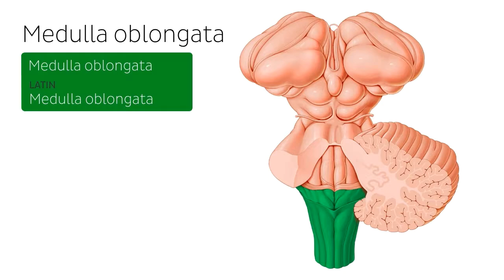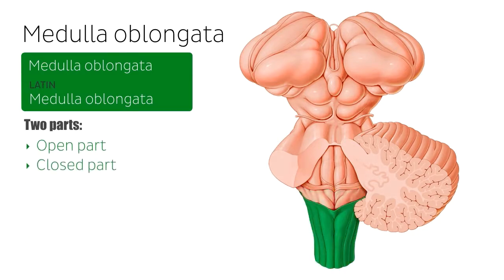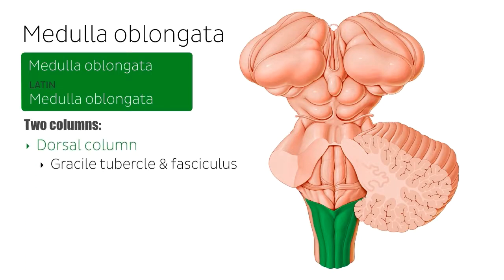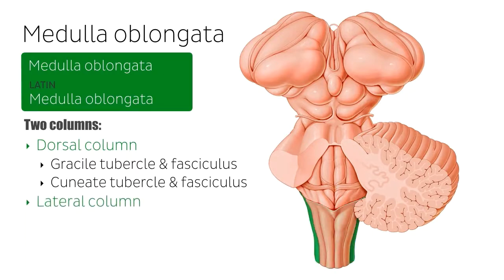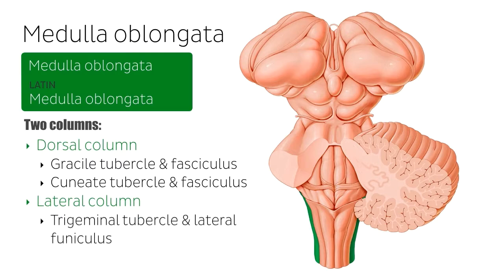And as we mentioned before, the dorsal aspect of the medulla oblongata has two parts, an open part, which is also considered the lower triangular part of the rhomboid fossa, and a closed part, which is the portion of the medulla that becomes the funiculi of the spinal cord. And the closed part itself can be divided into two columns, the dorsal column, which has a gracile tubercle and fasciculus, and a cuneate tubercle and fasciculus, and the lateral column, which contains the trigeminal tubercle and the lateral funiculus.